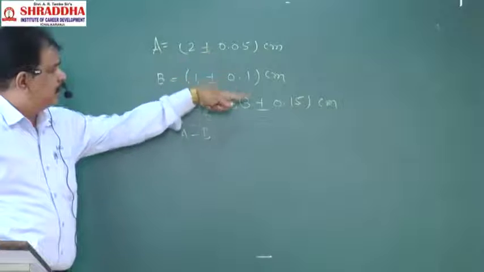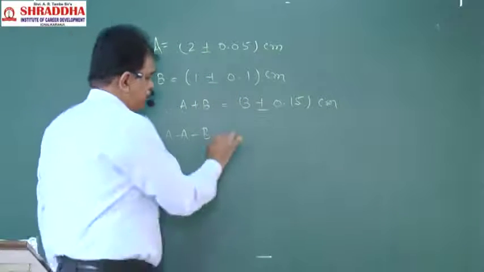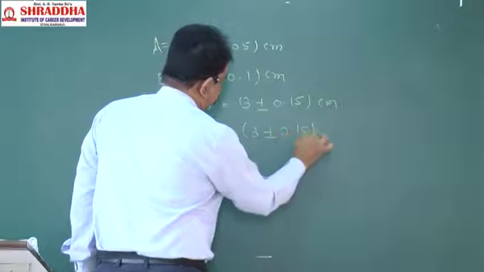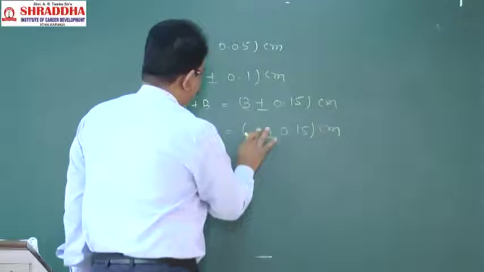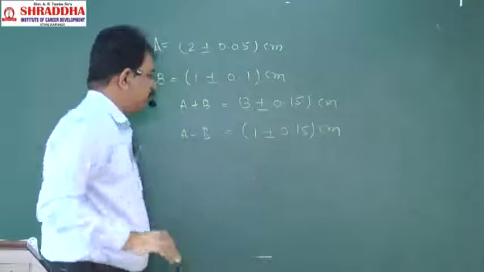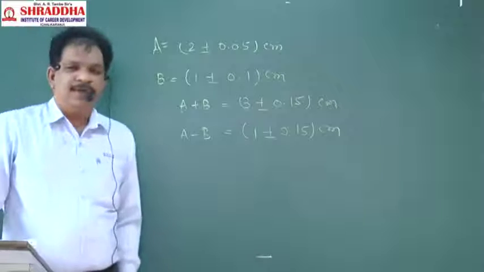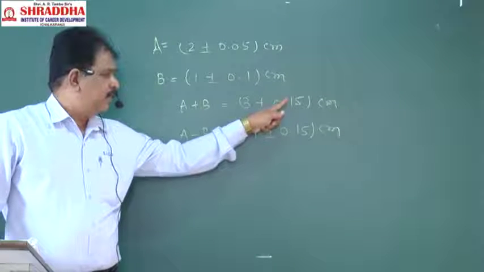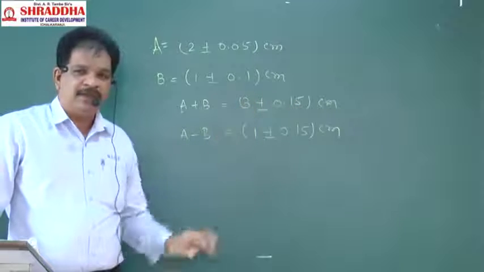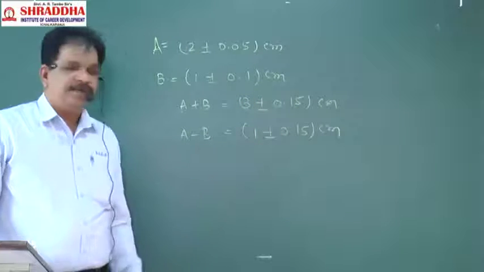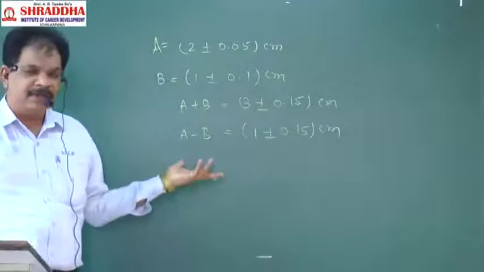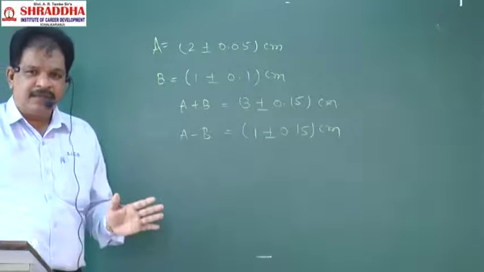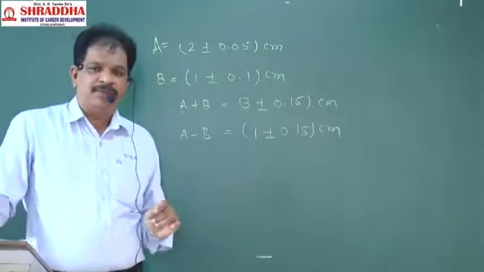A minus B is 1 plus or minus 0.15 centimeter. Percentage error means 0.15 by 3 into 100, and 0.15 by 1 into 100; that will be the percentage errors.